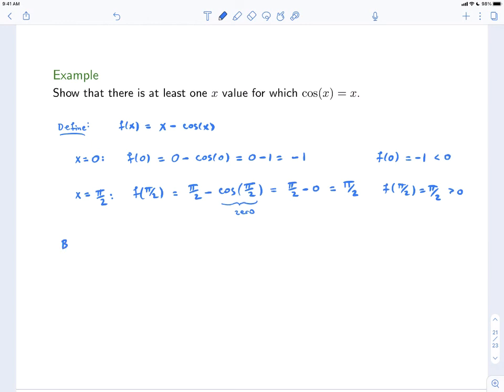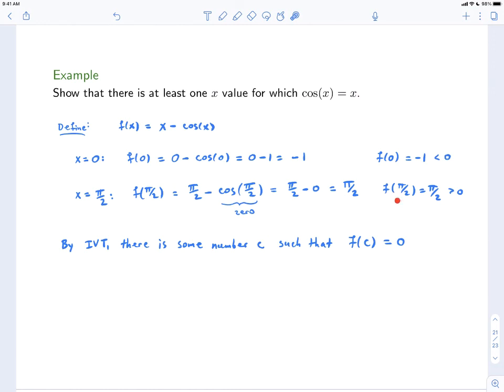So we have a negative number and a positive number. So by the intermediate value theorem, there is some number, maybe even more than one, but there is at least some number c such that f of c is 0. Again, why do I know this? I know that f of 0 is equal to negative 1.